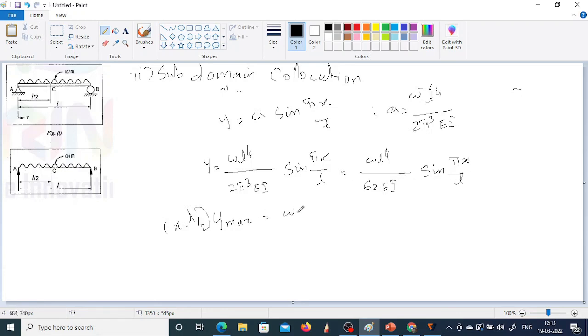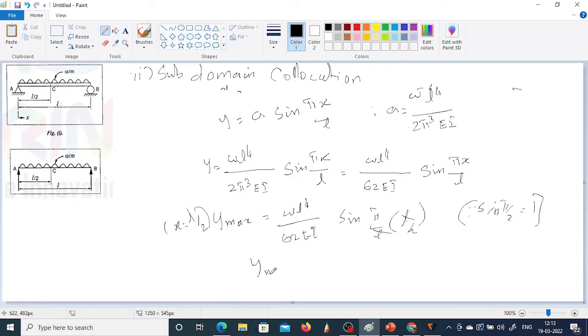So WL power 4 divided by 62 EI into sine pi into L by 2 divided by L. What happens here? I can cancel the L term from both sides, and sine pi by 2 is equal to 1. The simplification terms I got.